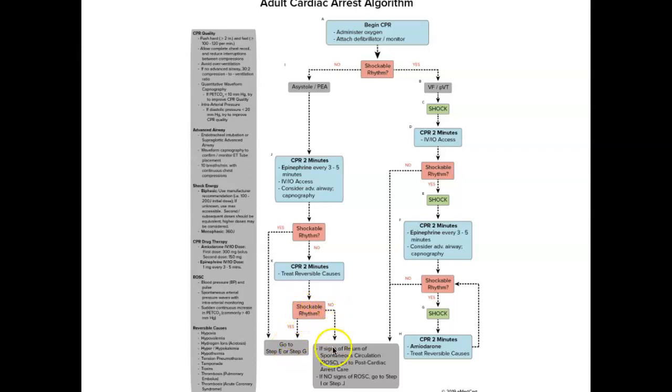If it is not a shockable rhythm and return of spontaneous circulation, then you're going to follow this sign here. If you're not getting anywhere, then it will be time for whoever's running the code to decide whether they're going to continue to run the code, continue with CPR, continue giving the medications, or whether they're going to stop, because this patient is probably not going to come back from their cardiac arrest.